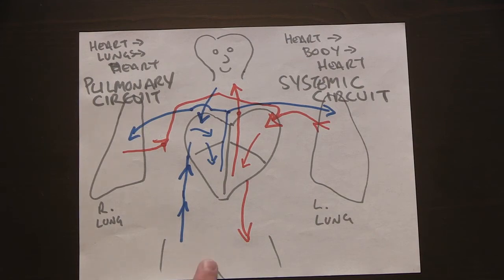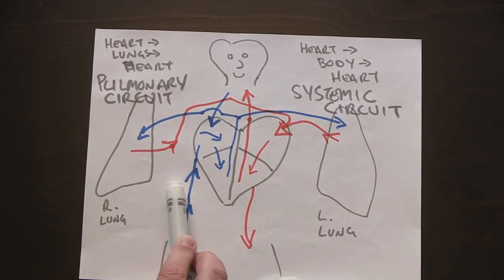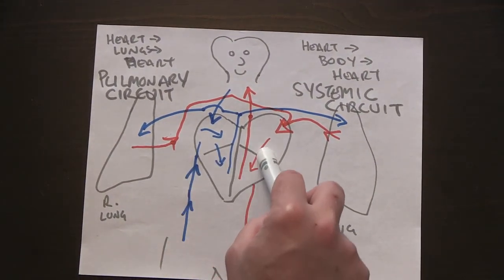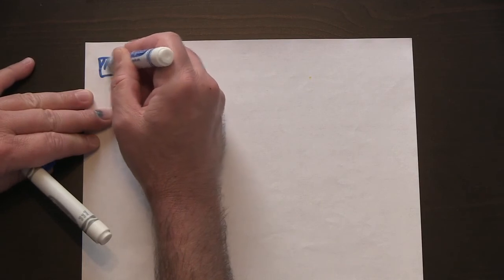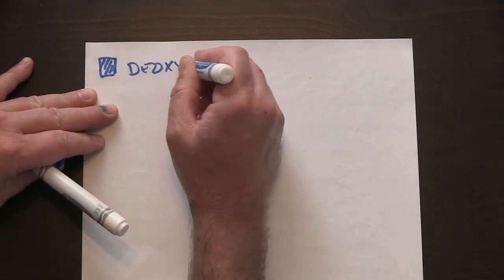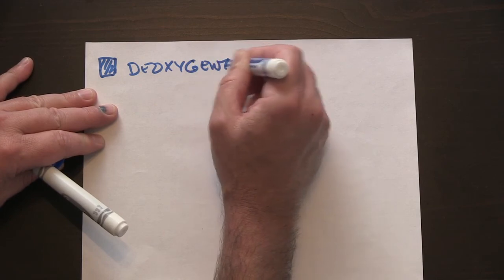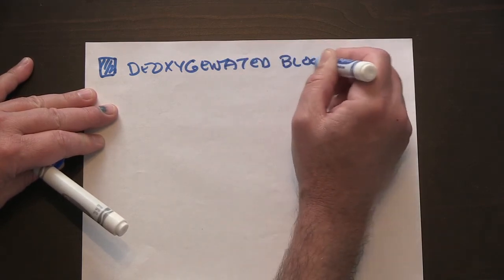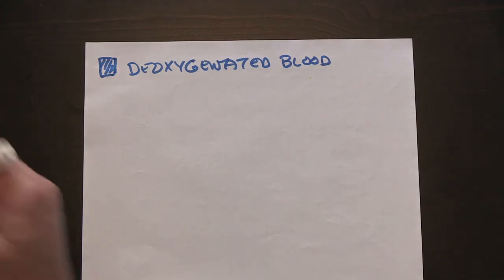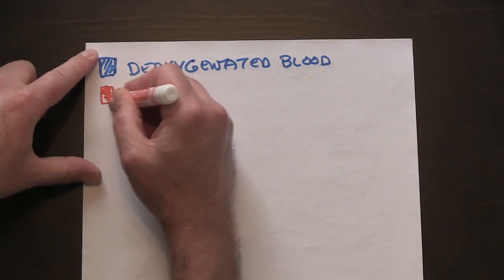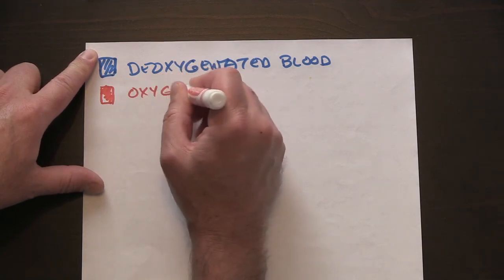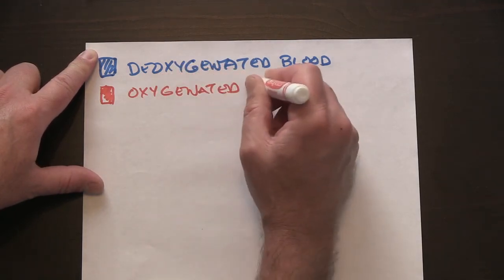Okay, one thing I want to point out here is I've been drawing deoxygenated blood in blue and oxygenated blood in red, right? Blue is deoxygenated blood, and red is oxygenated blood.